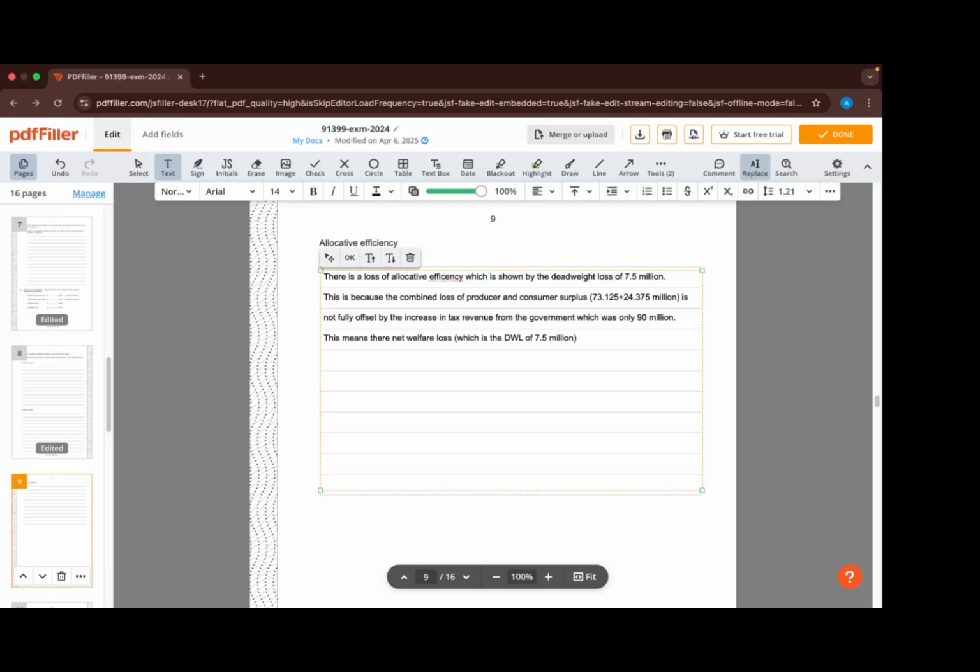There's a deadweight loss of 7.5 million. This means the market has not maximized welfare. Guys, so that is kind of all they're looking at for this section here.